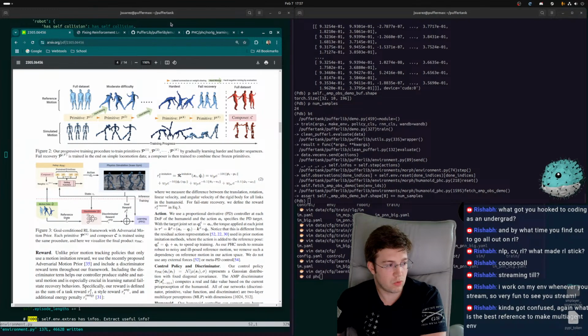Motion matching reward. How can it be if you're sampling new data in training? Are they loading the same data twice or something insane?